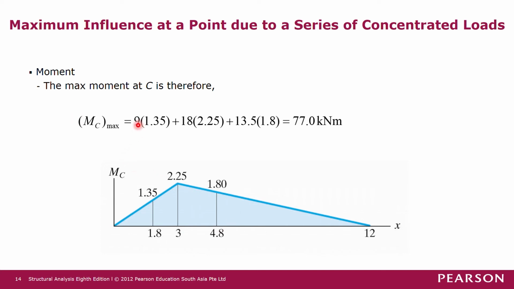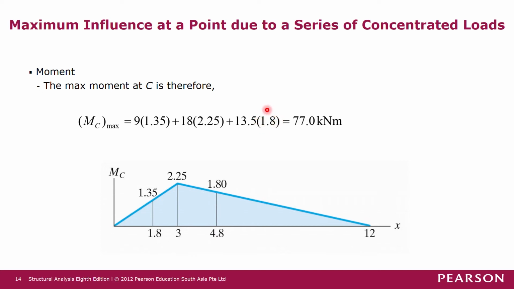In case 2, the 9 kilonewton force is here, with an ordinate of 1.35, and the 18 kilonewton force is at 3 meters, where the ordinate on the influence line is 2.25, and the 13 kilonewton force is at 4.8 meters on the beam, and the ordinate is 1.8.